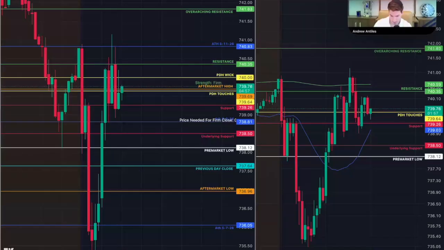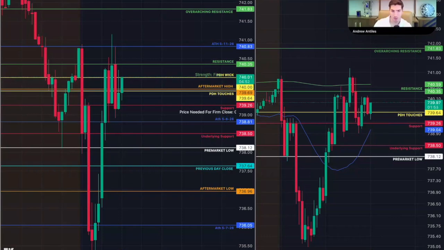All right, not a bad print, but not a great print once again. Let's see if we can hold through this.